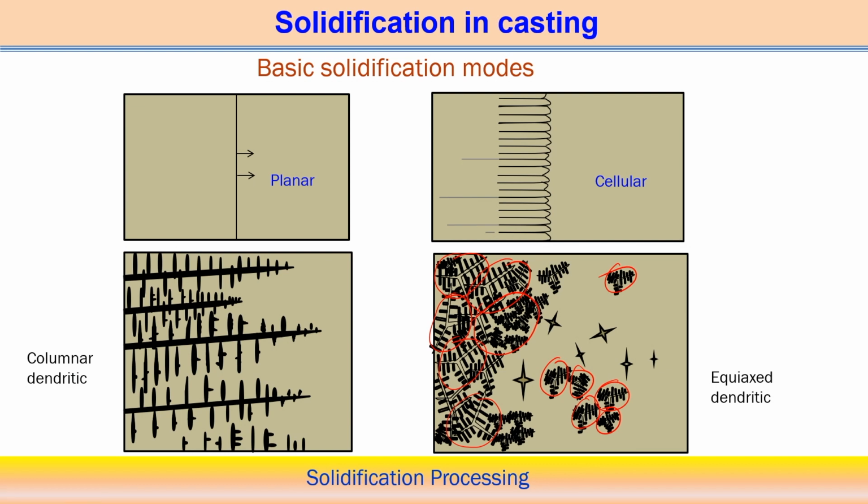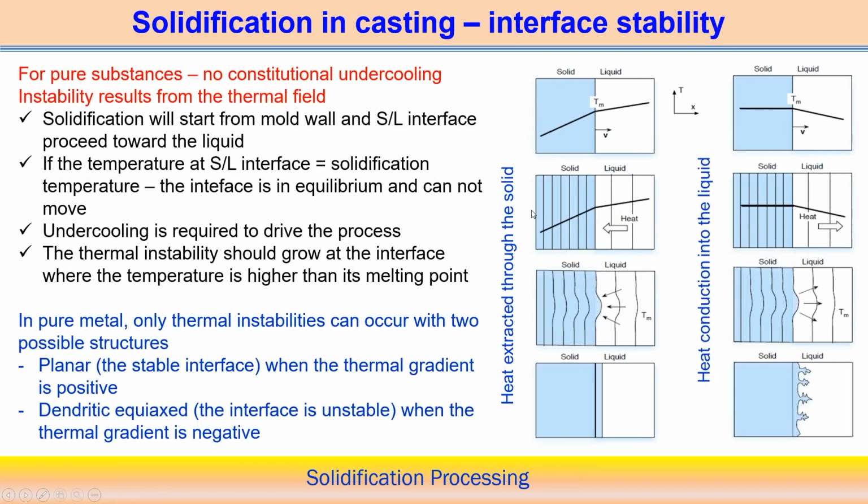But of course, what type of structure, the basic solidification modes, we try to understand the instabilities associated with the solidification process. Then we can find out the condition to form the basic solidification modes associated with the casting process. Now we are coming back to this one particular slide that discusses the interface stability associated with solidification in the casting process.